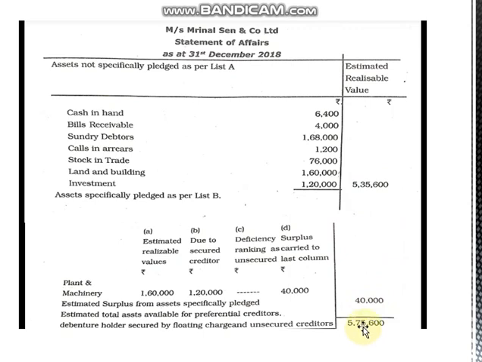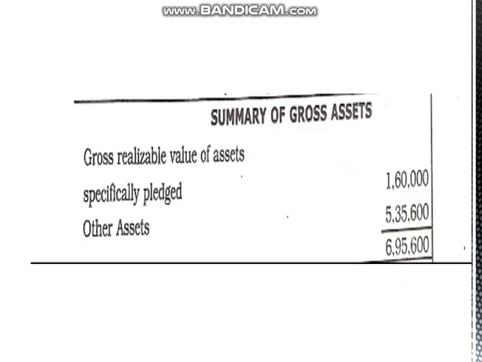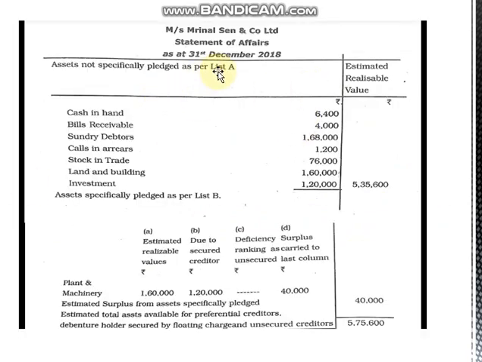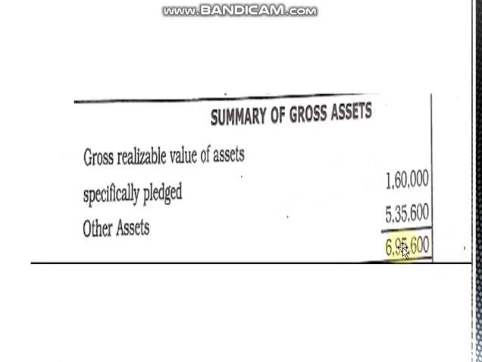Coming to the summary of gross assets, the gross realizable value of assets specifically pledged is plant and machinery, and its realizable value is 1,60,000. And the other assets value is 5,35,600, which is the total of list A. Then you will get the amount of 6,95,600.